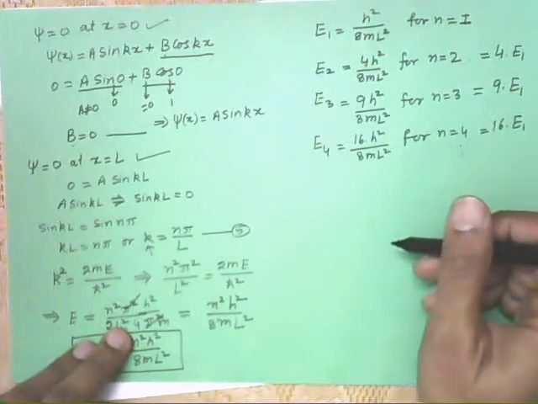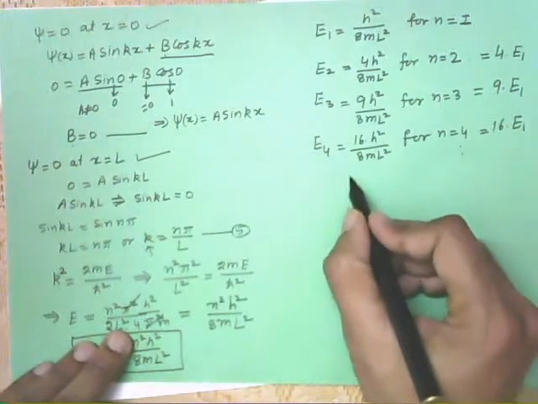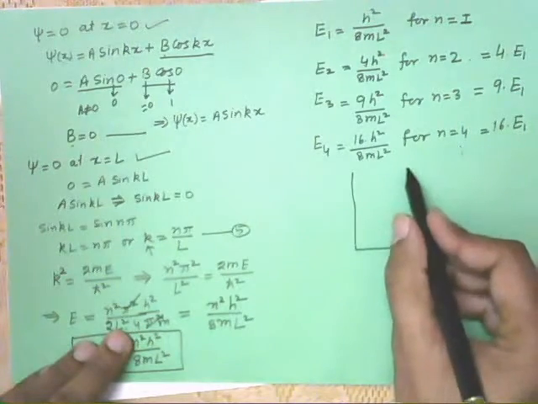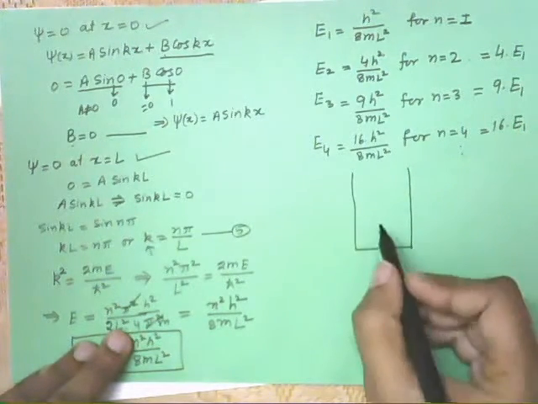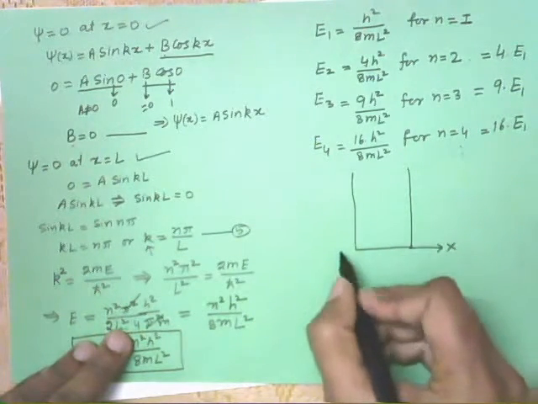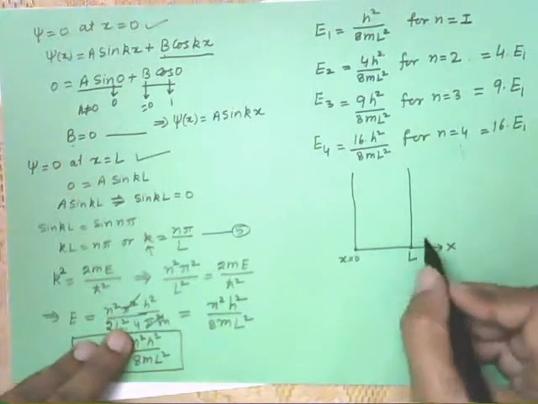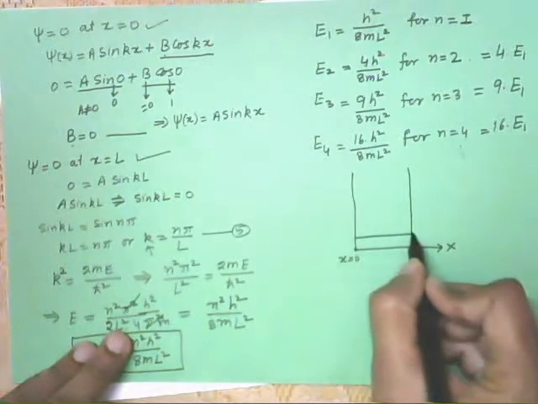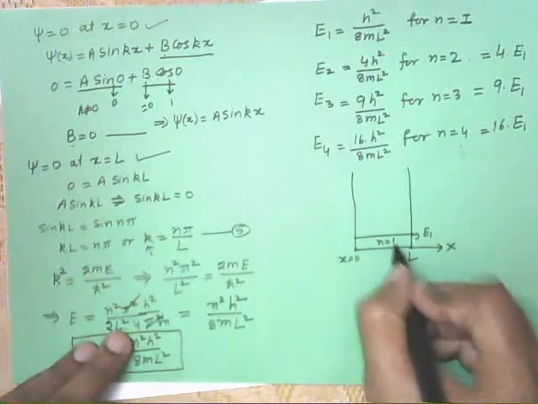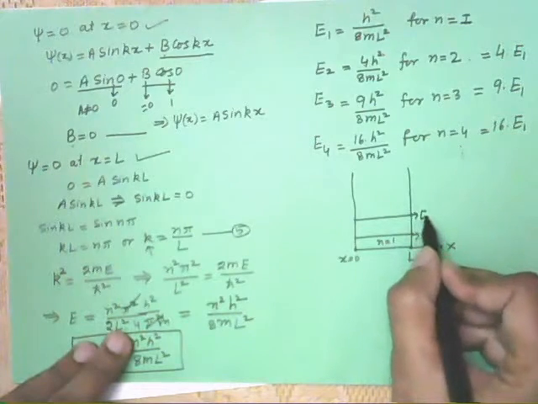So it means all the energy levels are discrete and these are not uniform. If we draw the energy levels in a one dimensional infinite potential well, this is the x-axis, x is equal to 0 our origin, and this is L. So n is equal to 1, this is E1, n is equal to 2, that is E2.